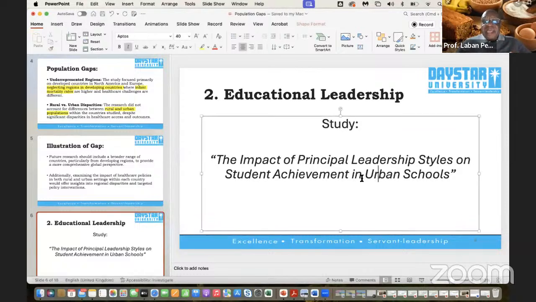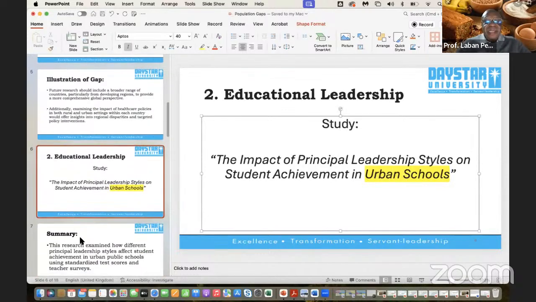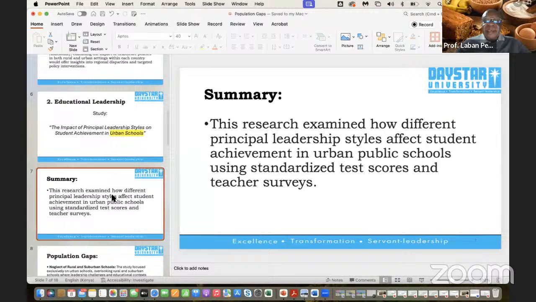Obviously, this quickly tells me we are dealing with a population gap type of study. The summary, when I have read this article: the research examined how different principal leadership styles affect student achievement in urban public schools using standardized test scores and teacher surveys.